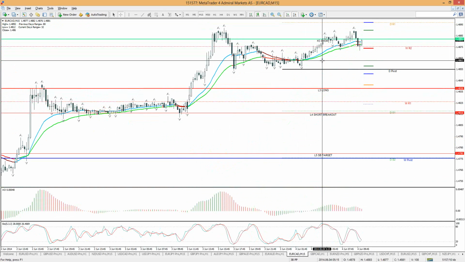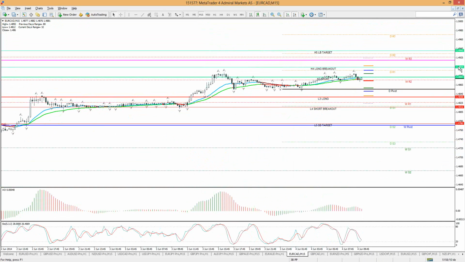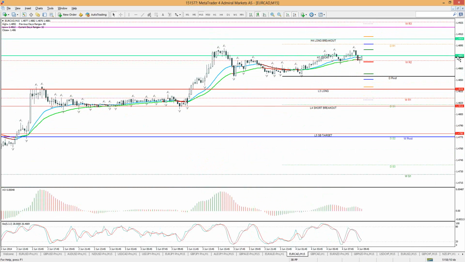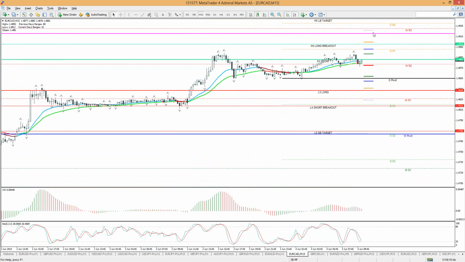Maybe it makes sense. Let's see, we have the monthly pivot point, the projection high here at 104.90-ish.